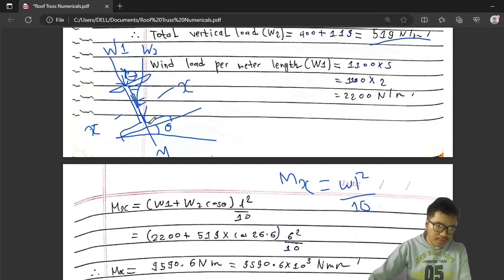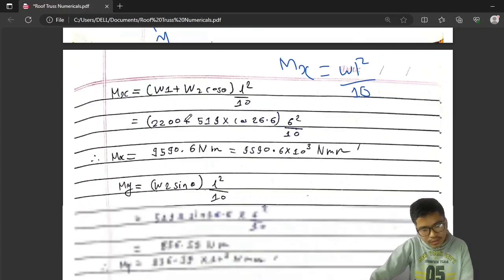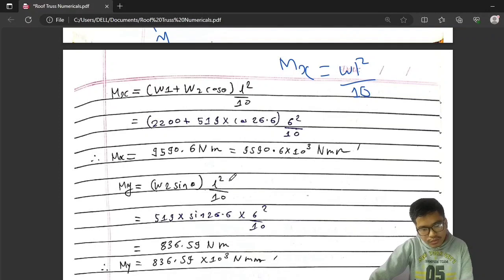So in y direction, the component of W1 is 0, and the component of W in this direction is W2 sin theta. So My is W2 sin theta L square divided by 10.